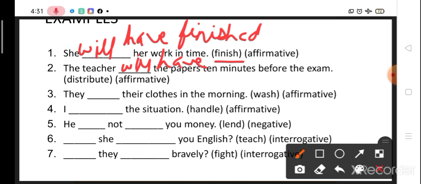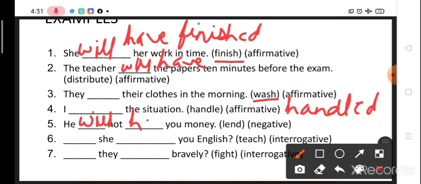They will have washed their clothes in the morning. I will have handled the situation. He will not have lent.